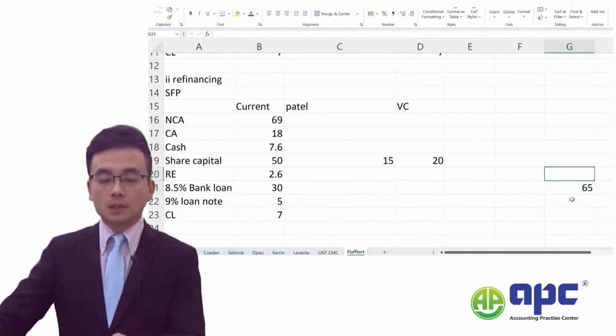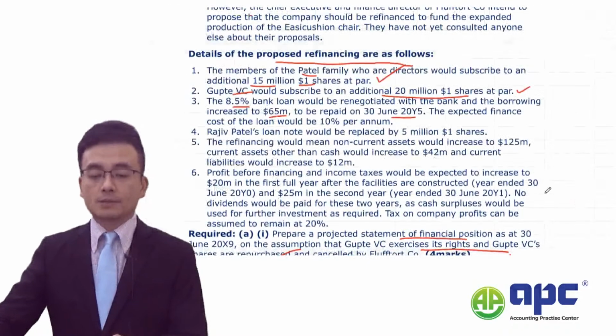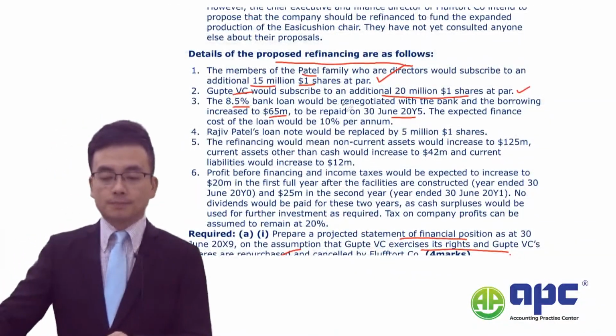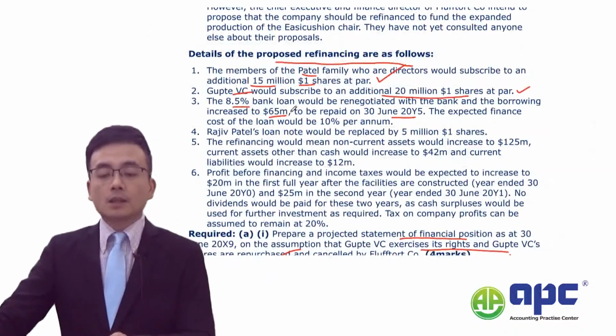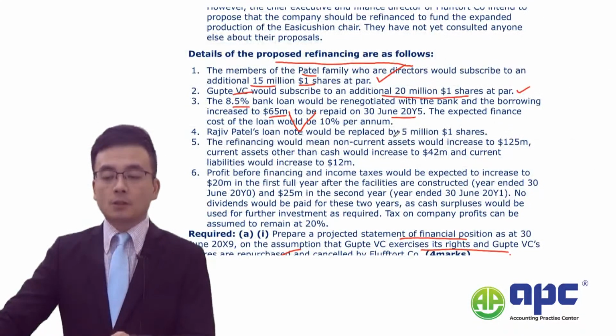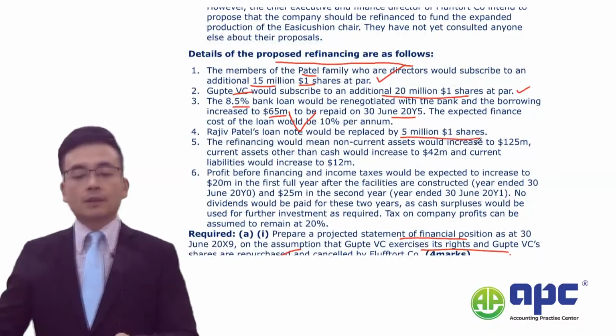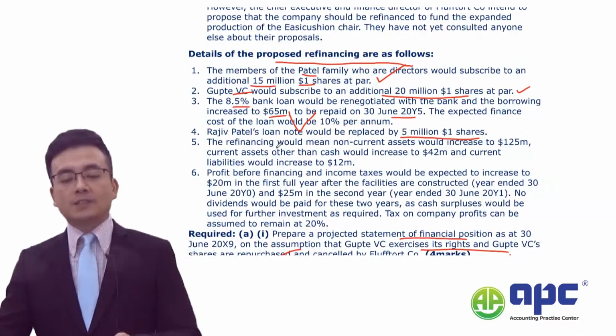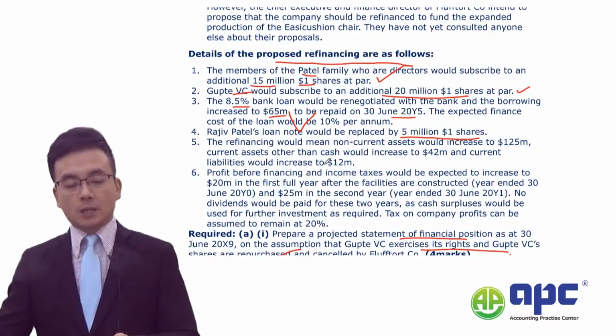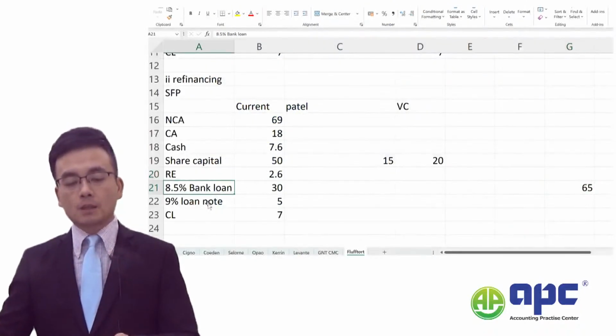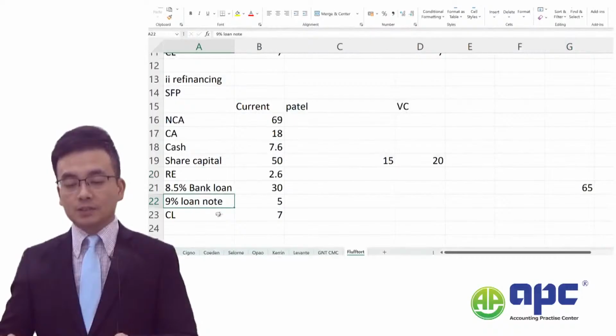The bank loan is now 65. We're also told that the loan note will be replaced by 5 million $1 shares. Now, Rajiv Patel is holding the 9% loan note here of 5, so that will be cancelled.